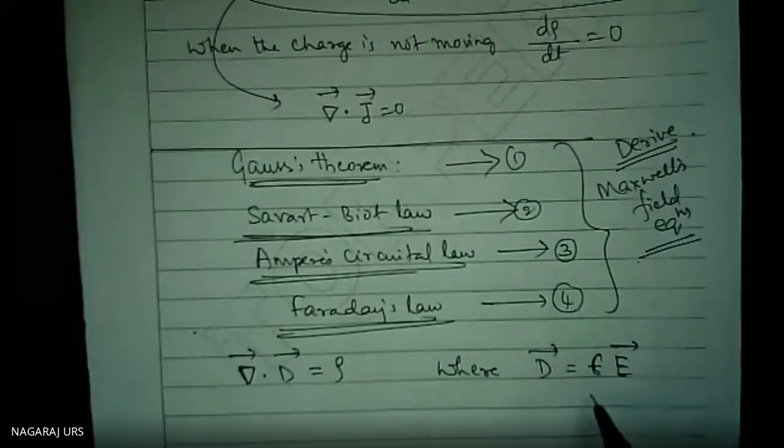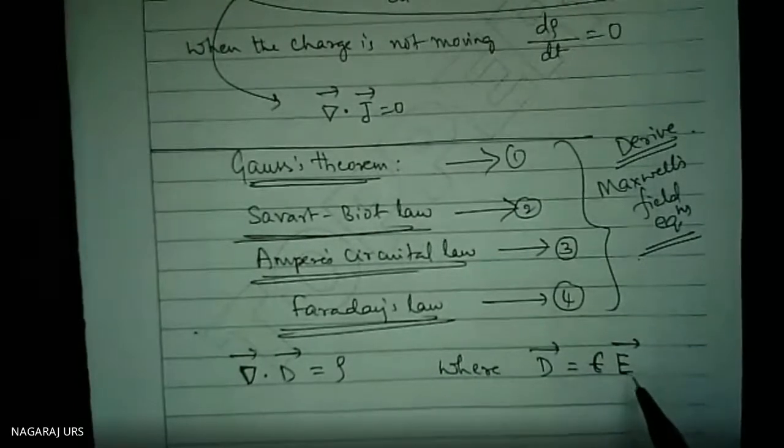Multiplied by this, it is D. It is a type of electric field only with epsilon. If E is present with epsilon naught, that is E only. If some other dielectric medium is present, then it is D, nothing else. So this is the concept.